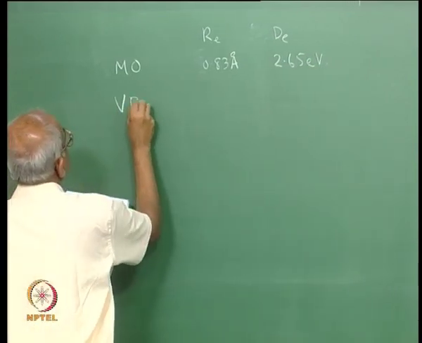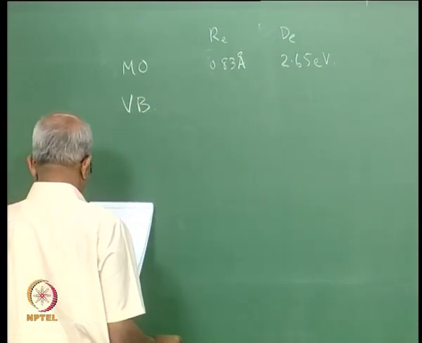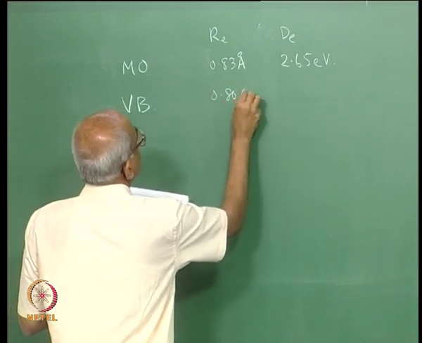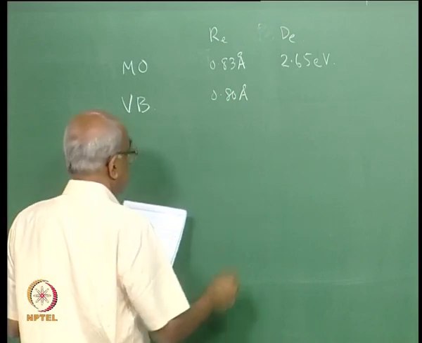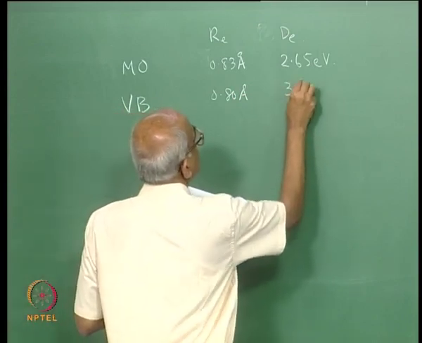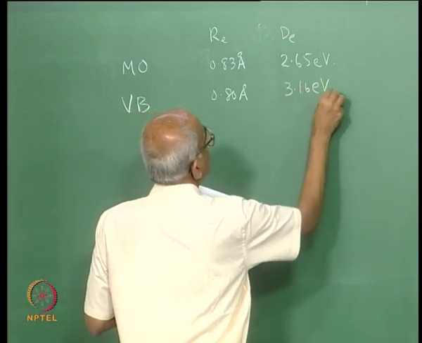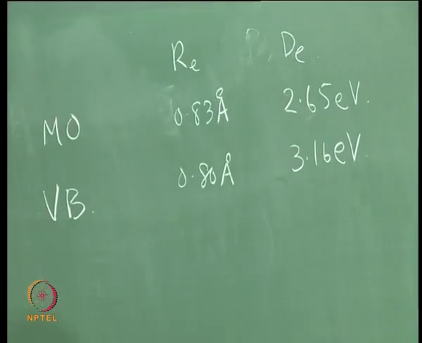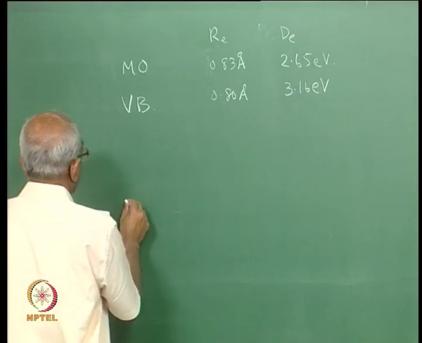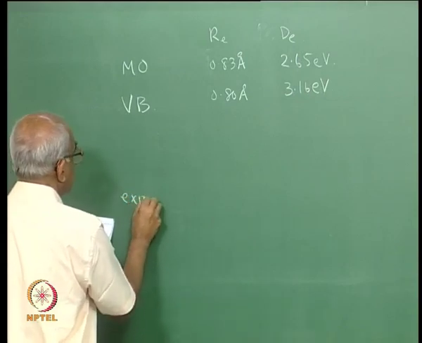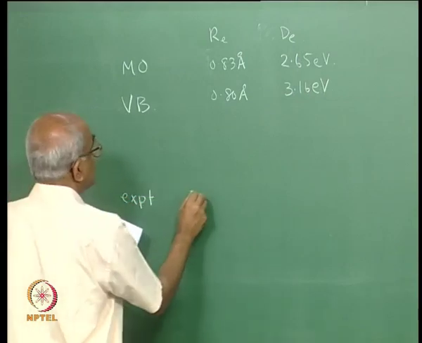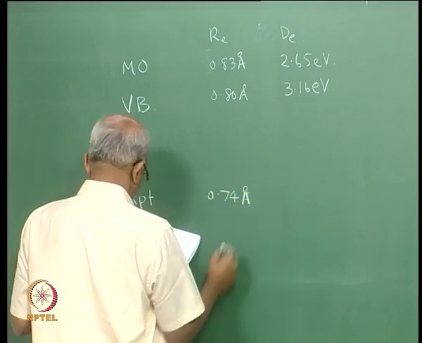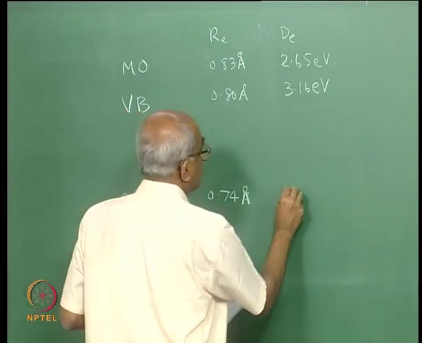Valence bond theory gives you 0.80 and 3.16. In comparison with this, the experimental values are 0.74 and 4.72.